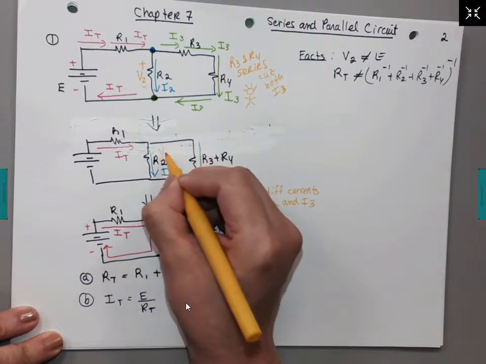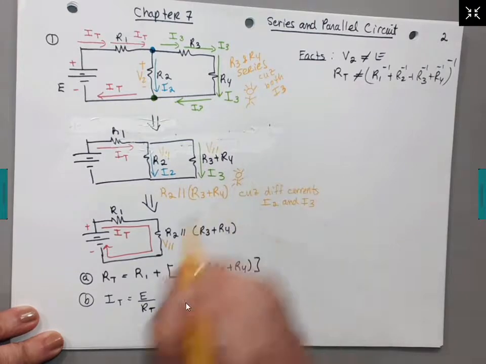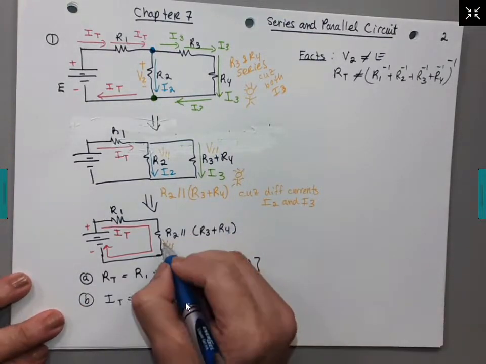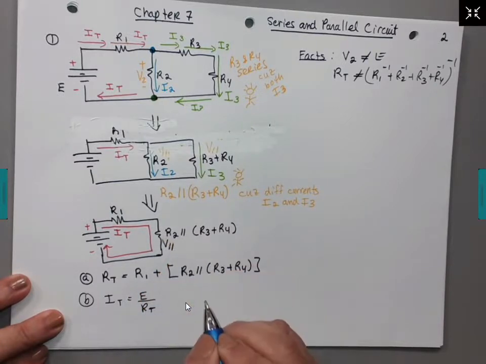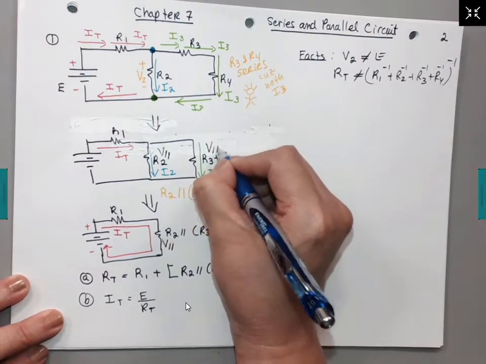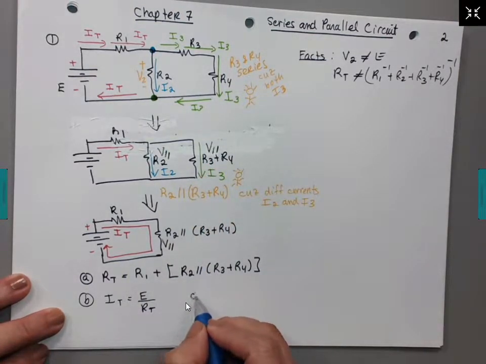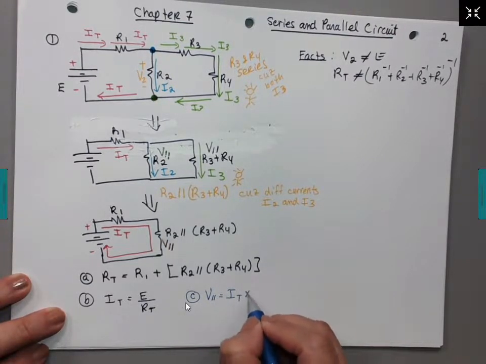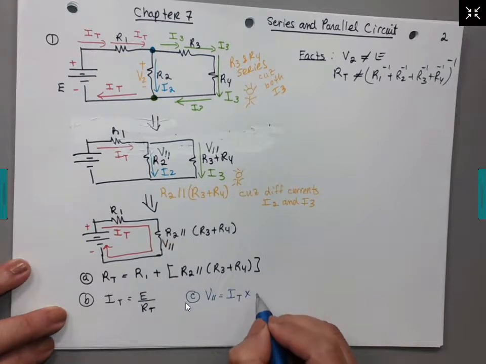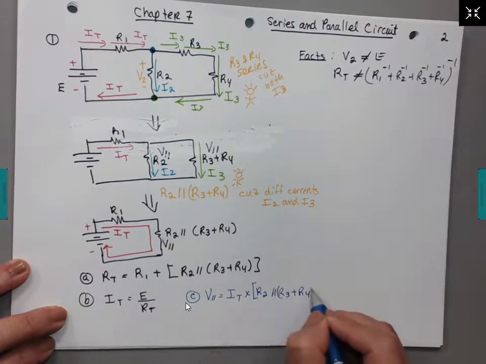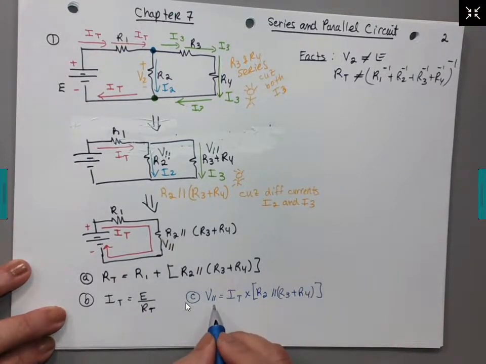V parallel is the voltage across here and here. The way you find V parallel is, see, V parallel is equal to IT times that whole thing right there, R2 in parallel with R3 plus R4. You will get V parallel.